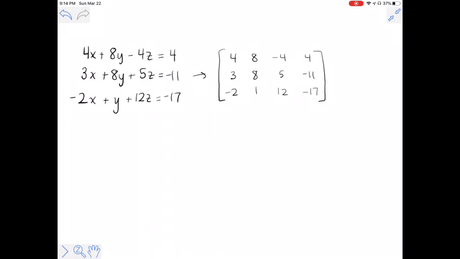And then we need to perform row operations to reduce this matrix to row echelon form.